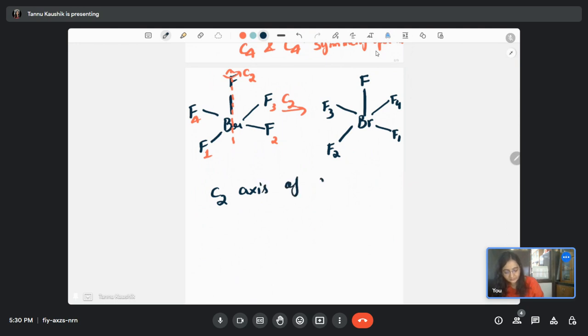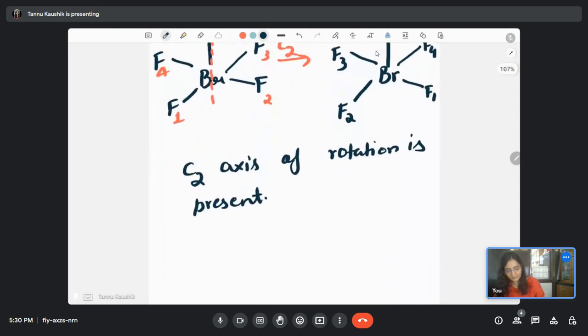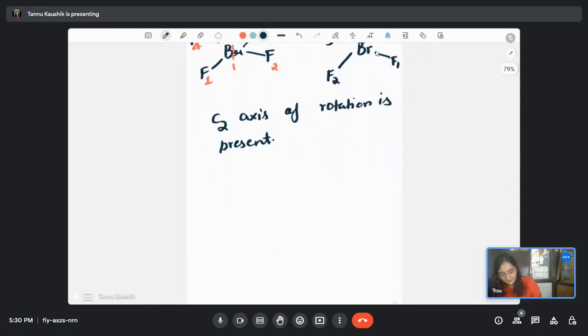So we have a C2 axis of rotation here. Now we will check the planes of symmetry here.